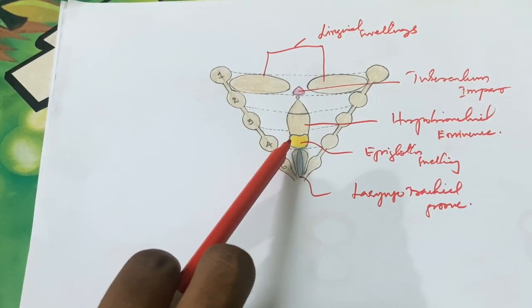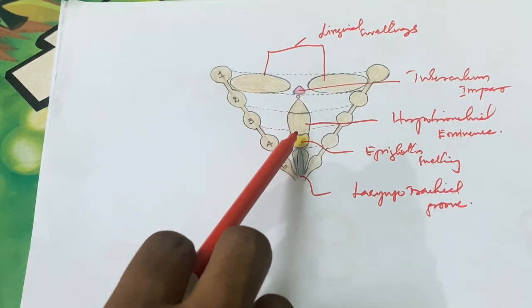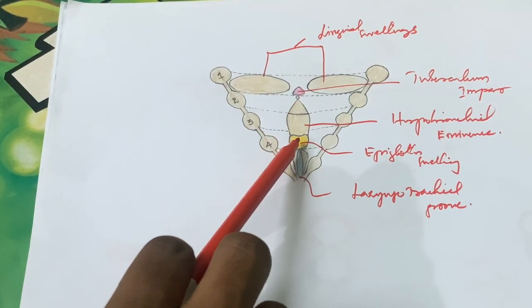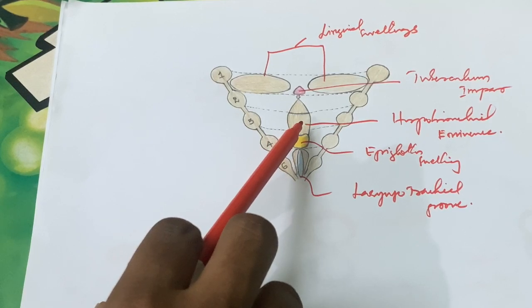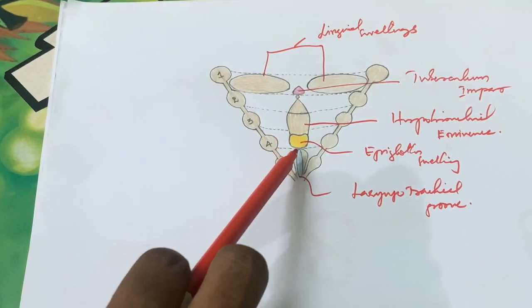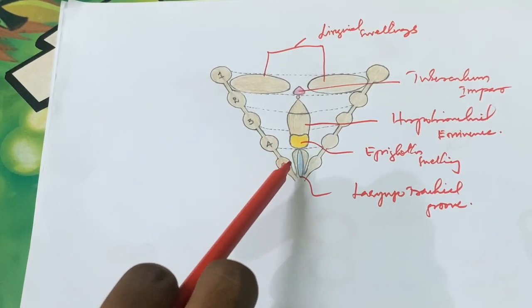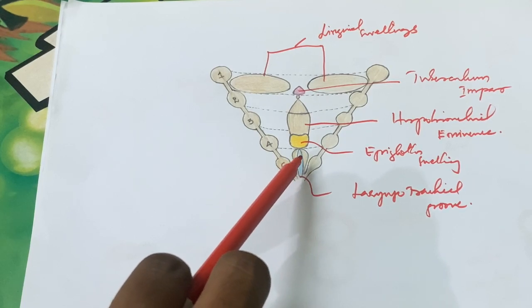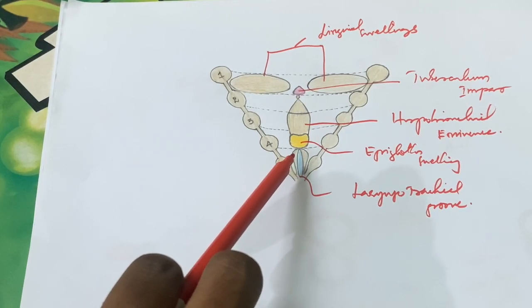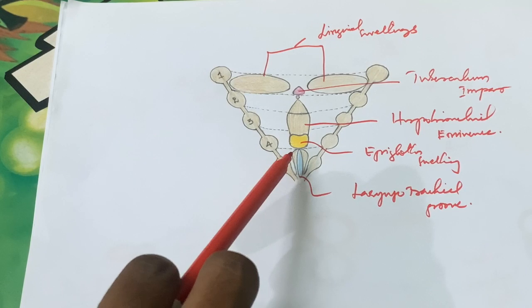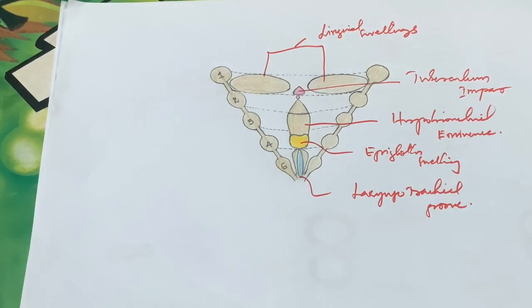Just caudal to these, you can see the diverticulum, called the respiratory or laryngotracheal diverticulum, in the floor of the pharynx.